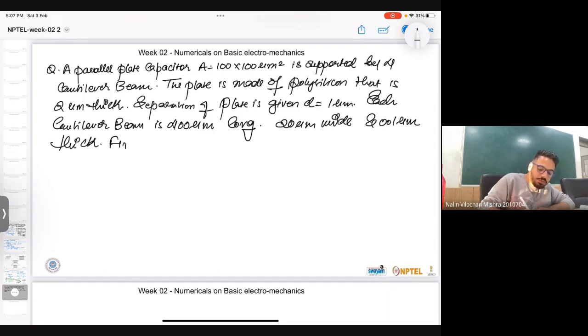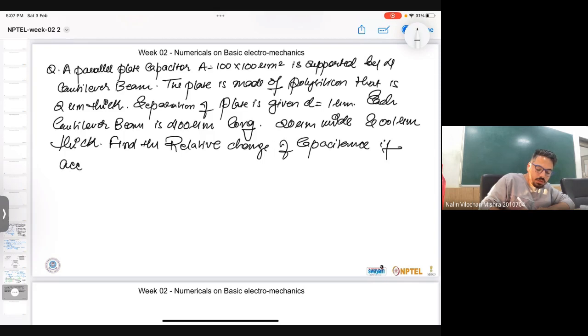So the question is, find the relative change of capacitance if acceleration is 1 meter per second square.